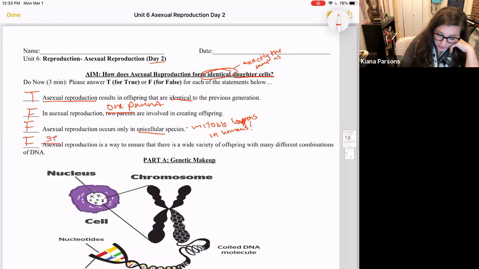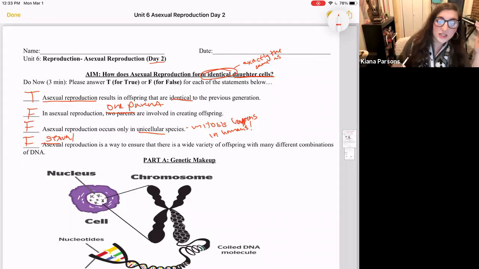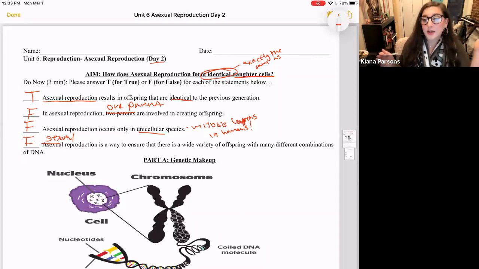Sexual reproduction is the way to ensure that there is a wide variety of offspring with many different combinations of DNA. And that is why humans and other complex organisms usually sexually reproduce, so that we can have greater genetic diversity. And we'll talk much more about that when we talk about meiosis, which is the production of gametes and how exactly that process contributes to genetic variations and diversity.